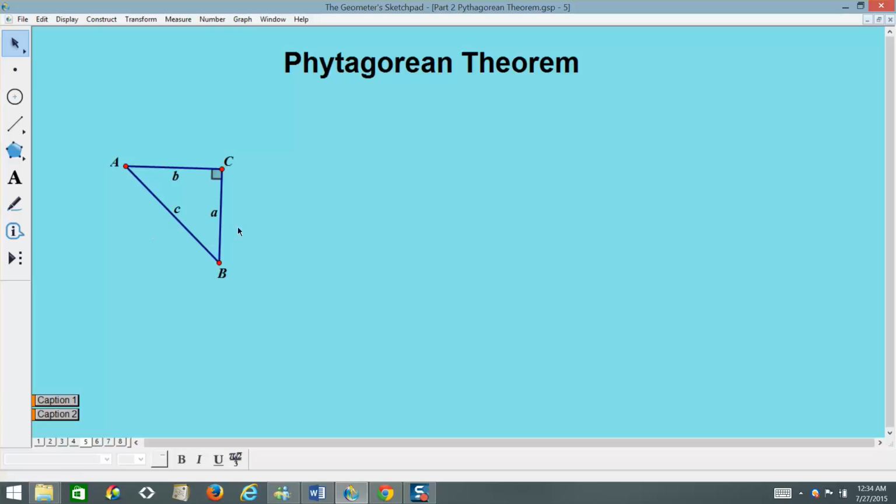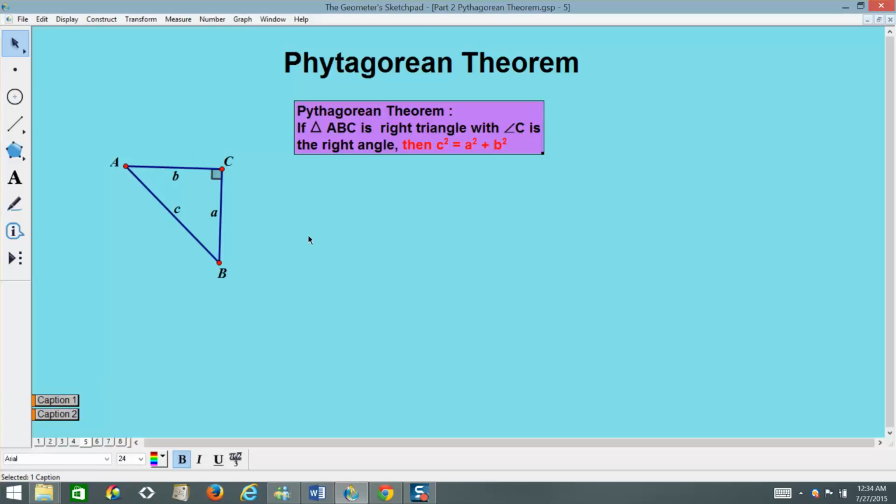From this triangle, we can state the Pythagorean theorem: if triangle ABC is a right triangle with angle C as the right angle, then c squared is equal to a squared plus b squared.